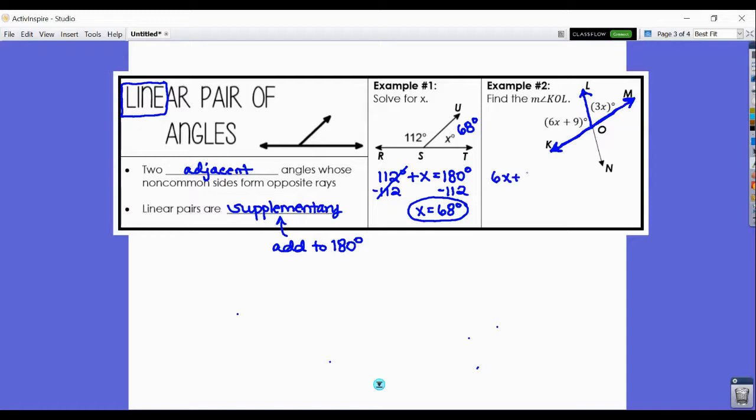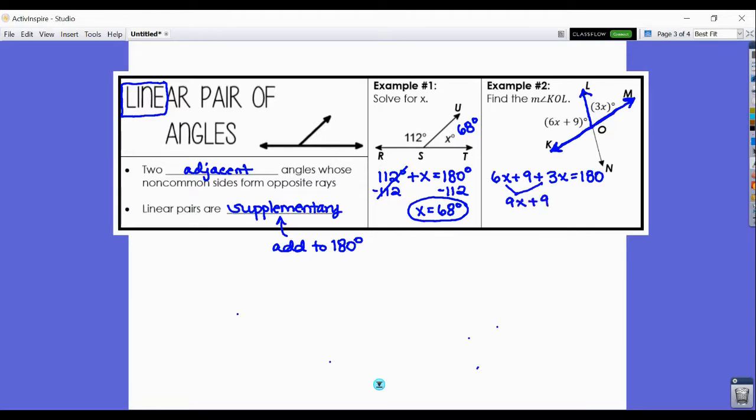6x plus 9, so that angle KOL plus that angle LOM will get me to 180, that straight line, that linear pair that they form together. I go ahead and combine my variables on that one side. So 6x plus 3x gets me 9x.